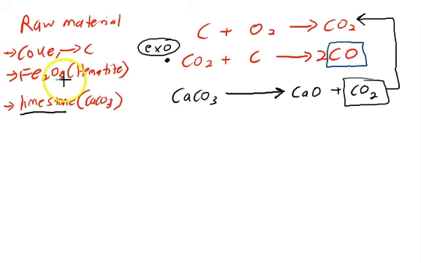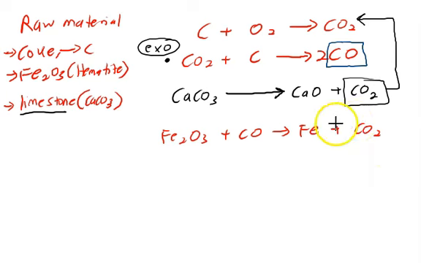Okay, now hematite, the iron oxide, will have a reaction with the carbon monoxide. So you will have here iron plus carbon dioxide. So hematite is an ore, so it does contain silicon oxide, silicon dioxide.